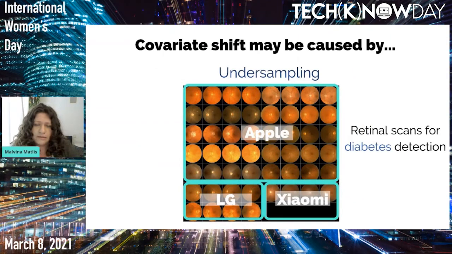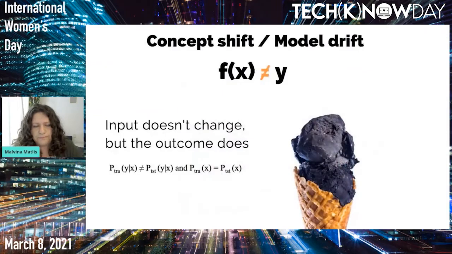If this study is being done in the US, then you have this huge problem because the US mobile market is highly, highly skewed towards Apple devices, which means that, let's say, Xiaomi devices, if they are underrepresented within this study, then in the real world, when you apply this model in any other country, the results could worsen and you could misdiagnose diabetes just because you didn't train on the proper devices. So that's undersampling, and you need to be aware of that.